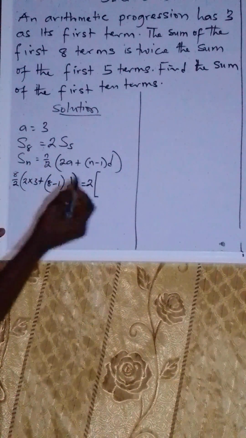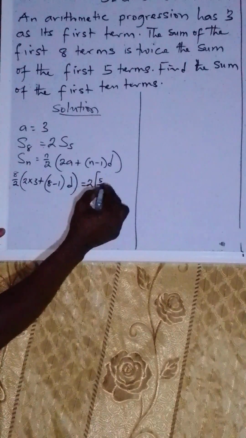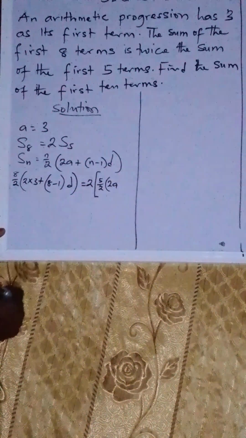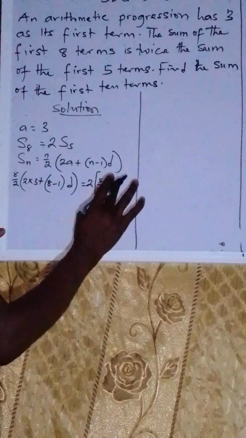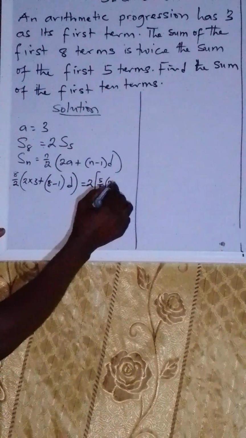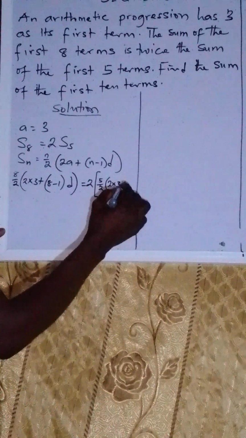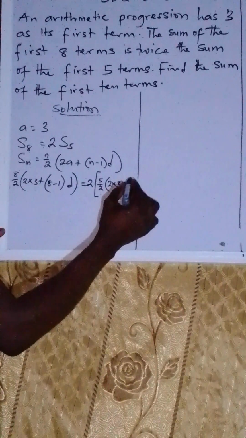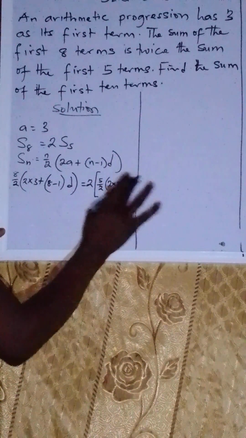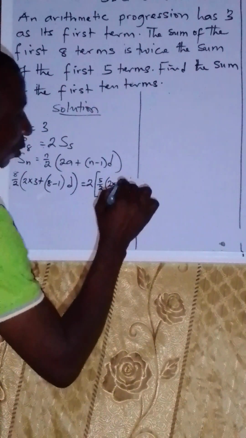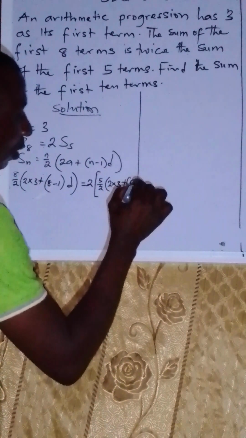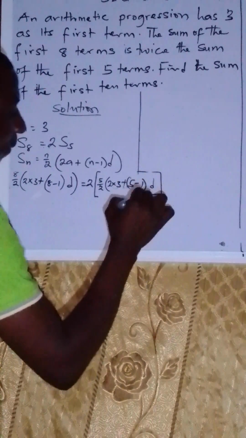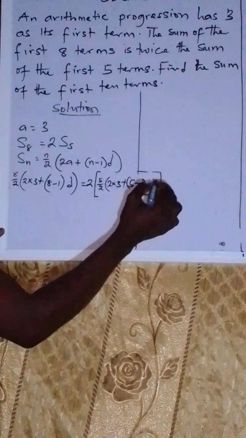When n is 5, I have 5 over 2 open bracket 2a, and a is 3, so 2 times 3, plus n is 5, that's 5 minus 1 times d. And we close the bracket here.